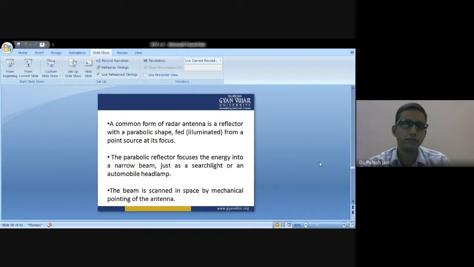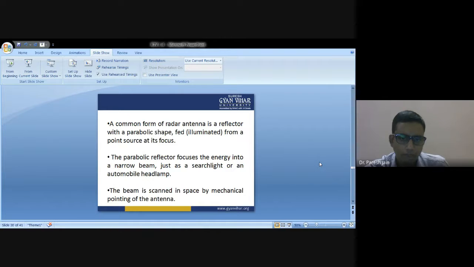It is fed by some different antennas, such as the horn antenna, Yagi antenna, or Cassegrain antenna, and one more is the folded dipole antenna at the source of its focus.